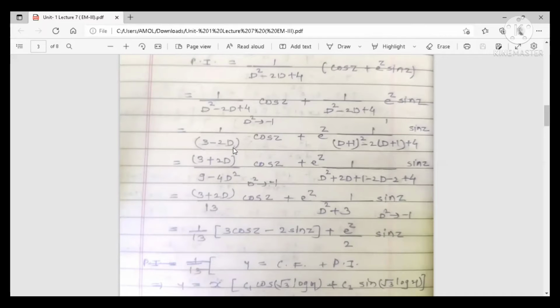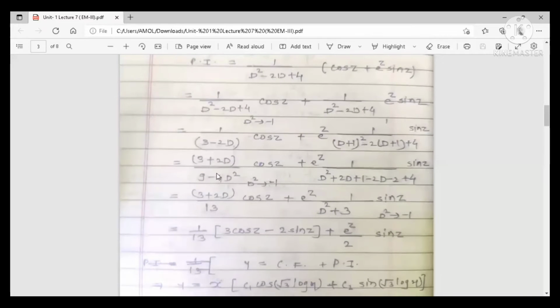If there were a single d in the denominator, we could easily integrate. But here the term is 3 minus 2d. Then how do we remove this d from the denominator? Multiply and divide the term by 3 plus 2d, so the denominator is 3 minus 2d into 3 plus 2d.